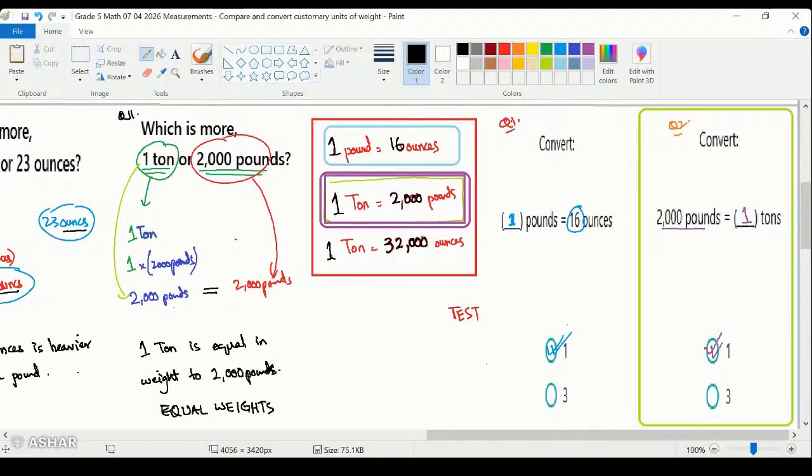So if we can remember these conversions, we can convert any weight, okay? Because weight measurements are very limited. So please do try to complete the questions from the test so that you may have more practice, okay? Thank you so much. Best of luck.